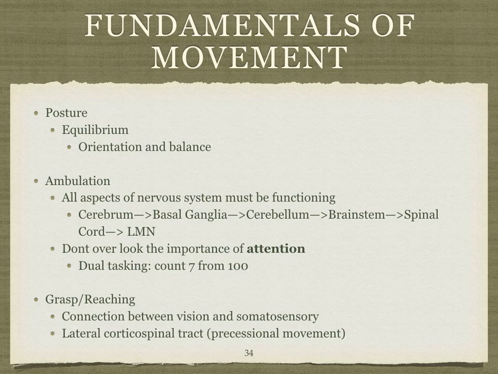We're just exploring our hands. So our lateral corticospinal tract is developing earlier on, but it influences our medial corticospinal tract, that midline postural stability. So early handling aids in proximal trunk stability.